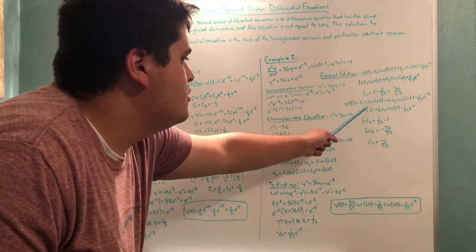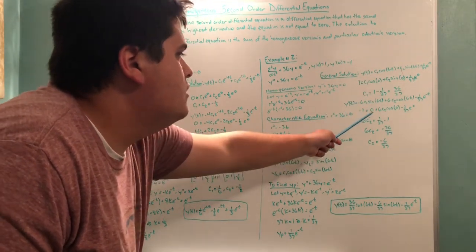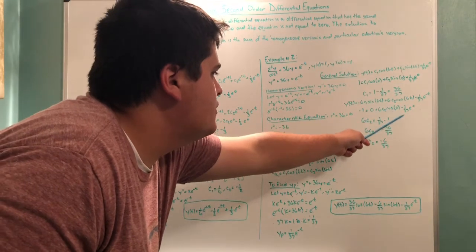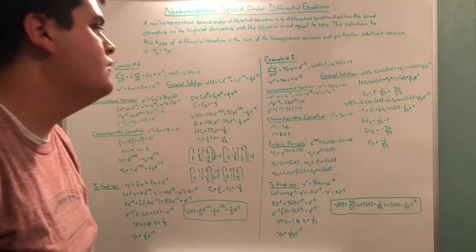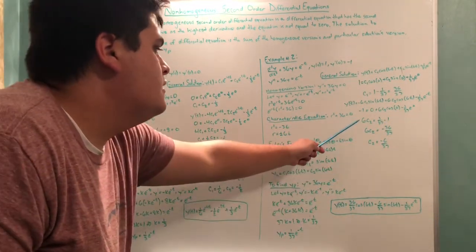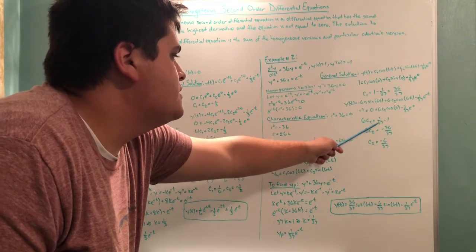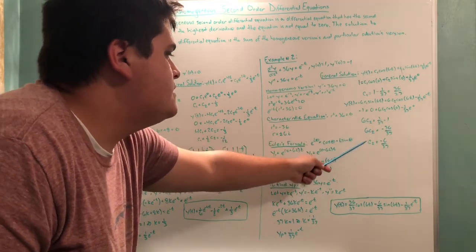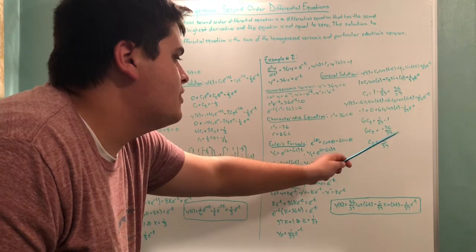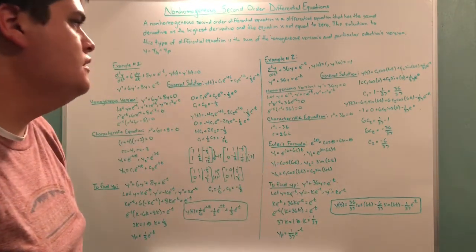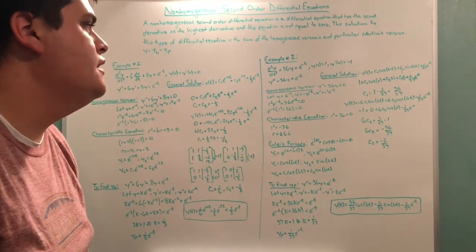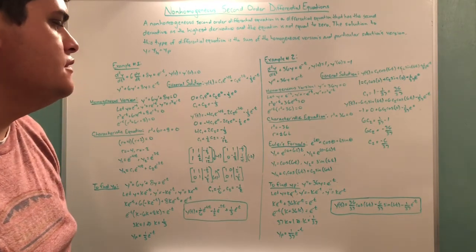This term right here goes to 0 because that's a sine. Plus 6c2 cosine 0 minus 1 over 37 e to the 0. This implies that 6c2 is equal to 1 over 37 minus 1. And then finally we get c2 is equal to negative 6 over 37. So the derivative of cosine is negative sine, and the derivative of sine is cosine.